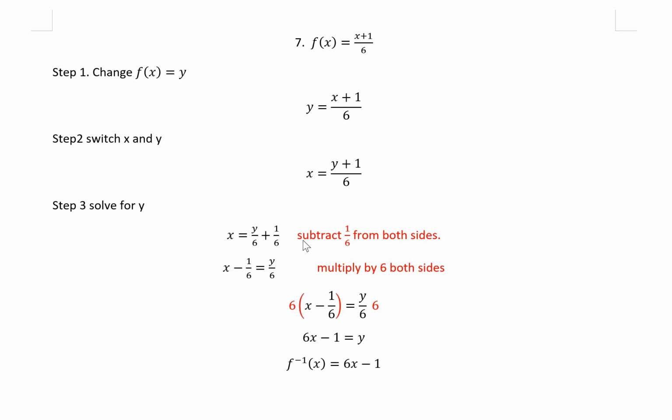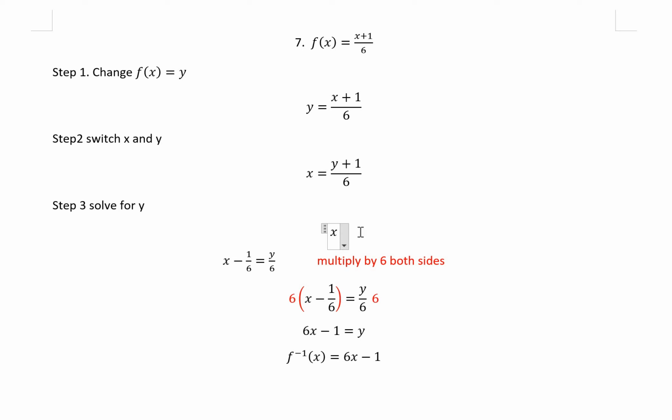You know what? Let's do it the other way, because we don't want to deal with all the fractions. If I multiply both sides by 6, 6x equals y plus 1. This might be easier, right?